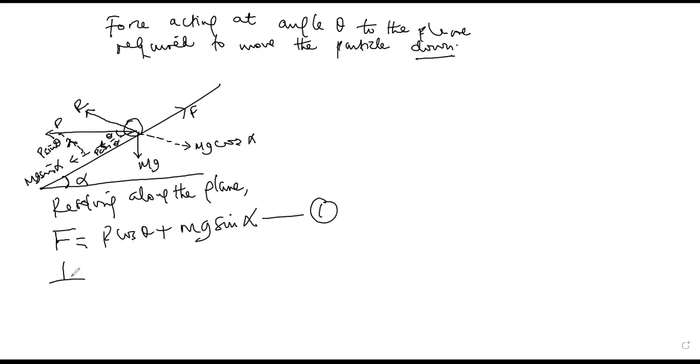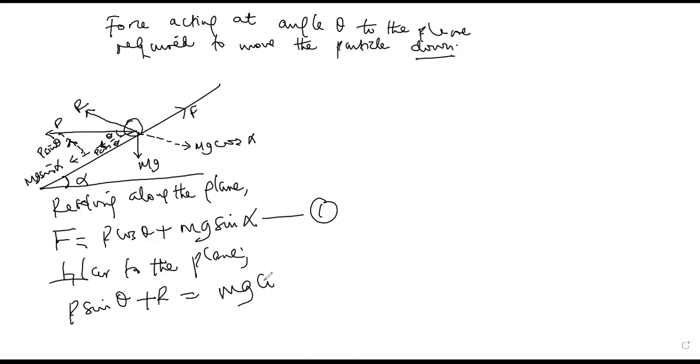Carl, first give me the perpendicular to the plane. Perpendicular will be P sine alpha. Sorry, P sine theta. P sine theta plus R equals mg cos alpha. Very good.